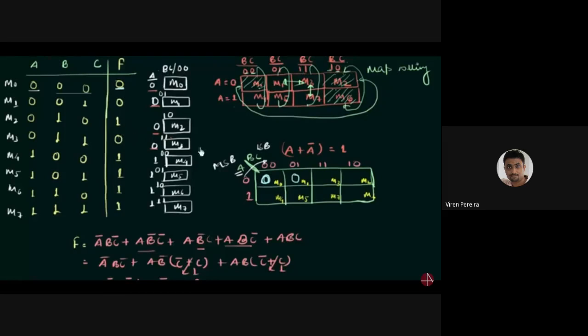Now you can see M2 is 1, so 1 will be here, M3 is 0, and all the last 4 cells are 1. Okay, so this is how we have to fill the K-map. Now the next step in the K-map is pairing.